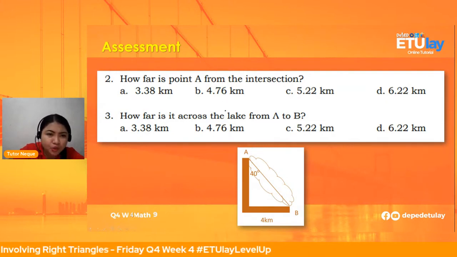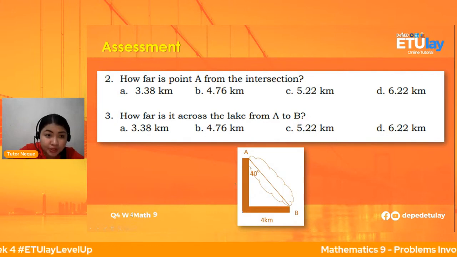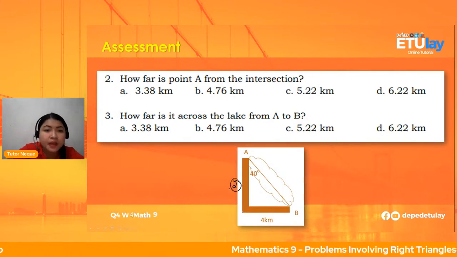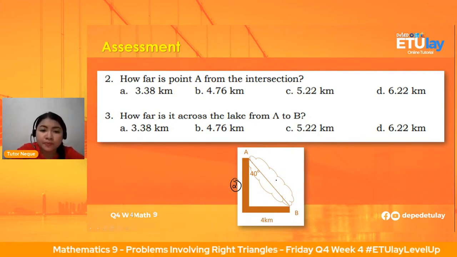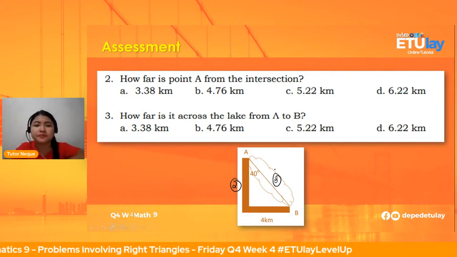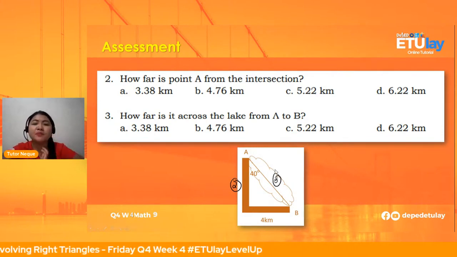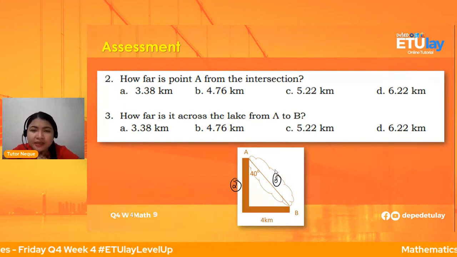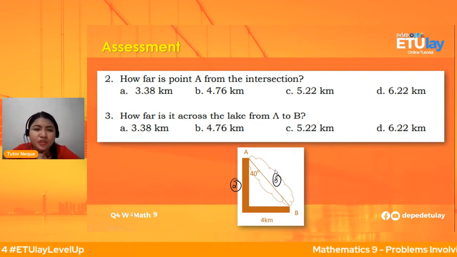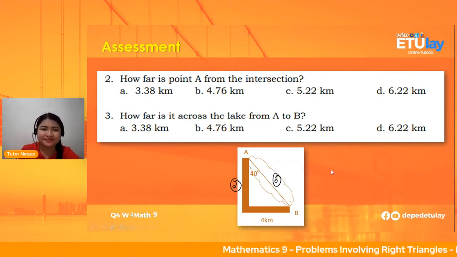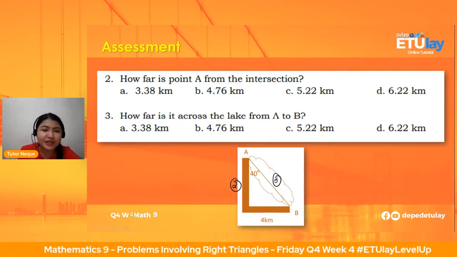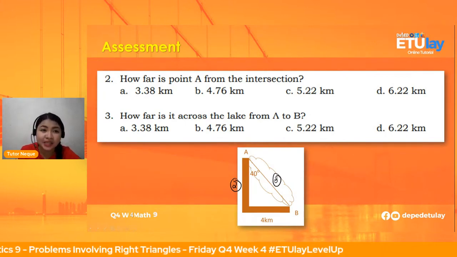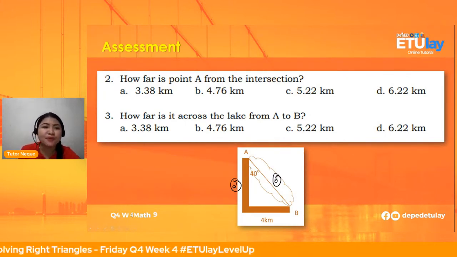Una, for number 2, yung point A, gaano kalayo dito sa intersection. And number 3, gaano naman kalayo from point A to point B. We'll be using functions dyan. You just have to use cosine, sine, and tangent. Ilagay na kagad ang sagot for number 2 and number 3.